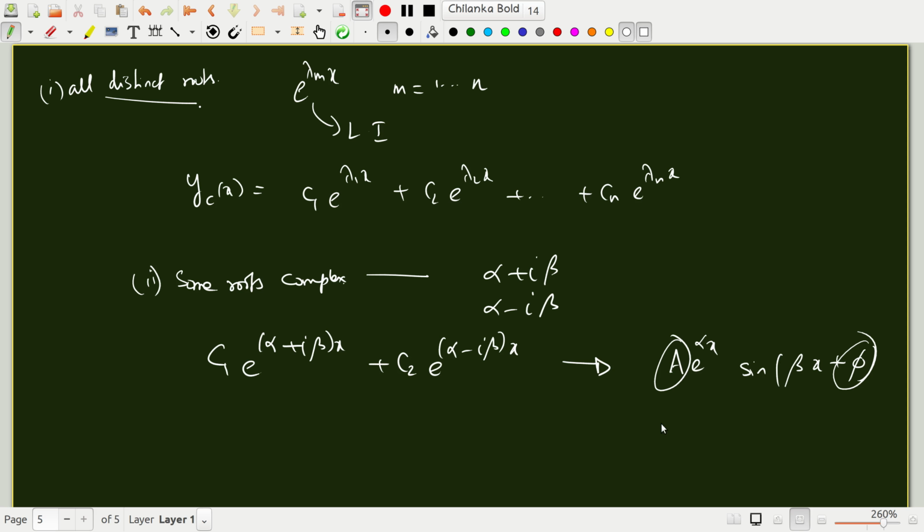You could also write A e^(alpha x) cos(beta x + phi). You know beta from the solution of that polynomial equation.